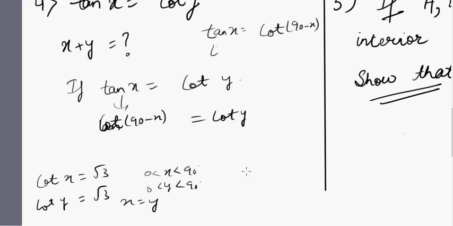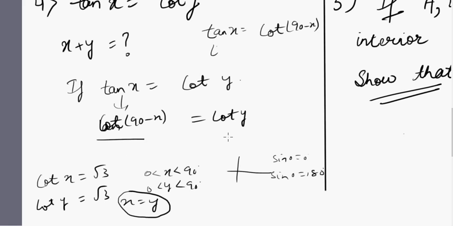Because in higher classes you will study that all these trigonometric ratios are periodic, that is the same value, sine is 0 at 0 degree and sine will be 0 at 180 degree also. But here, when the value of x and y is between 0 and 90 degree, then this particular case is possible only when x equal to y.